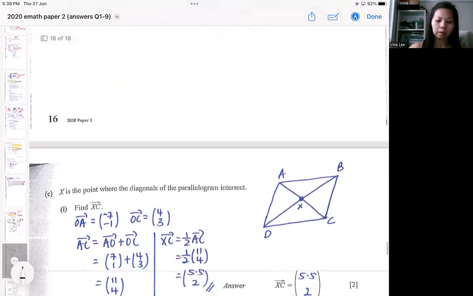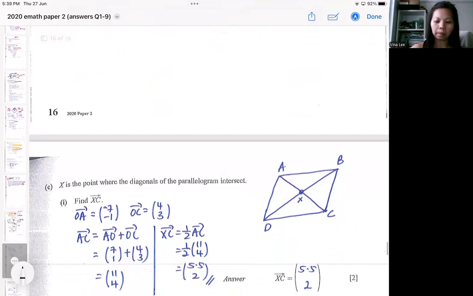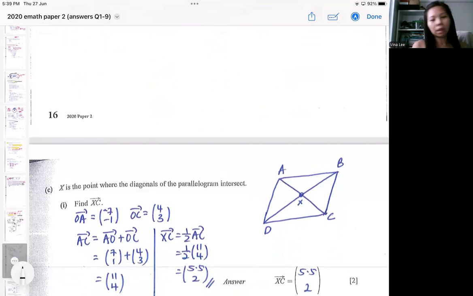So the next one, subsequently, a lot of people get stuck. When you get stuck in this, you need to remember what you already have. By the time you come to part C, again, you better draw. You draw to visualize where X is. You draw the parallelogram first, and you make the diagonal cut at X. Then you also need to remember, by now, what do you have?